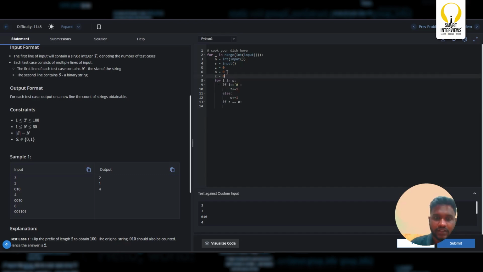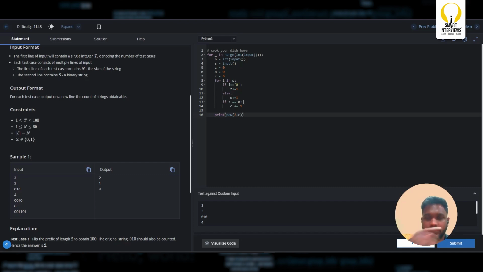So I'll also maintain a variable c, count plus equals 1. Now as per our logic, all we have to do is print 2 power count.